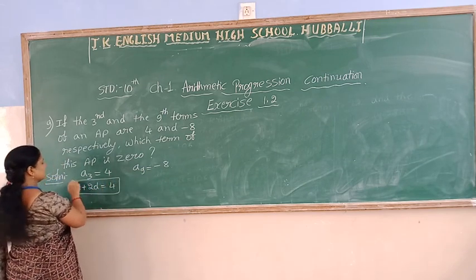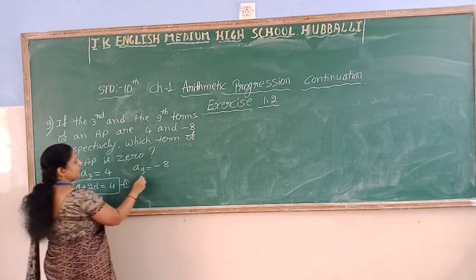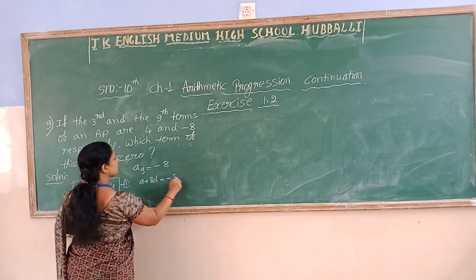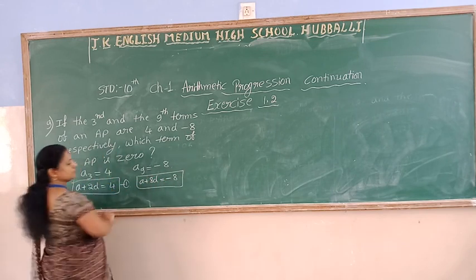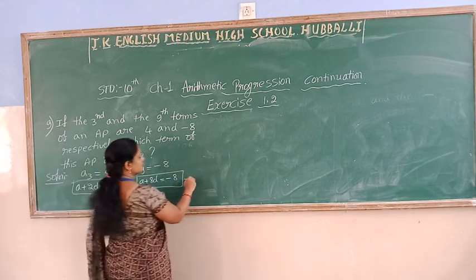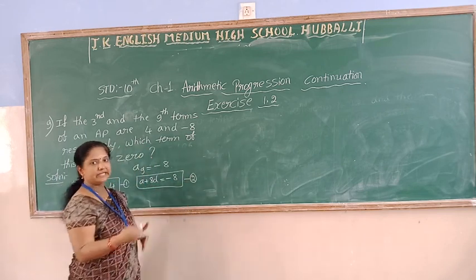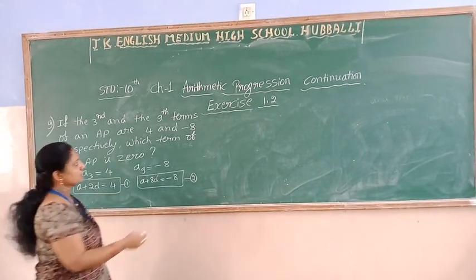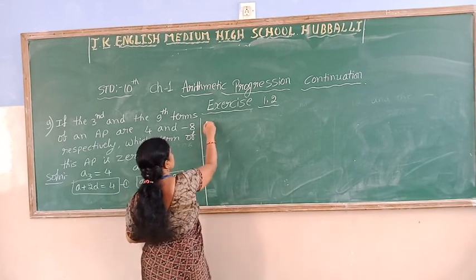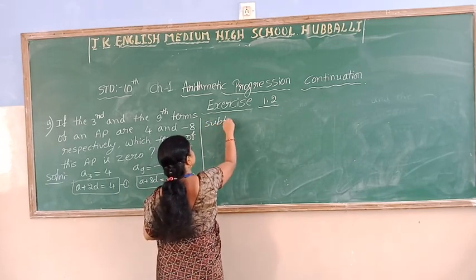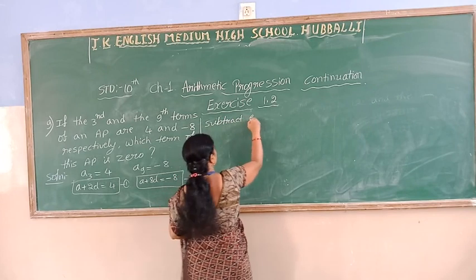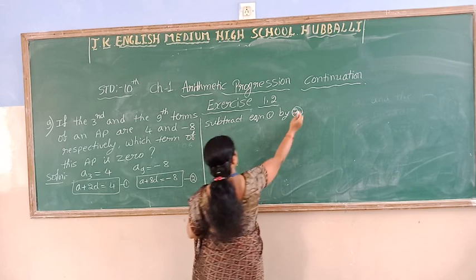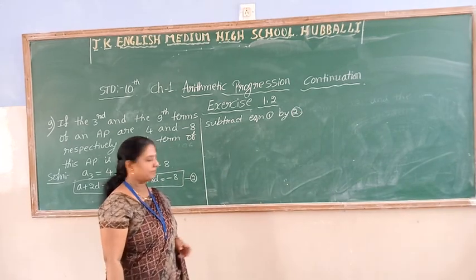Call this equation number 1. And a9 I can write as a plus 8d in general form. Then you call this equation number 2. And if I put a and d values, I can subtract equation number 1 from 2.